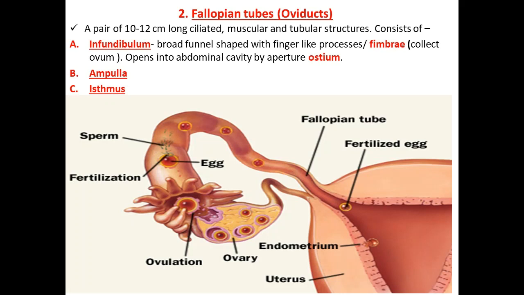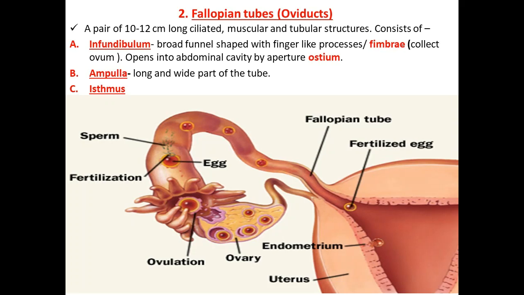After that, the second part, again very clear that it is broad and long. That second part of the oviduct is called the ampulla. That ampulla then leads into the narrow, ciliated part which joins with the uterus. The part which enters the uterus is called the isthmus.